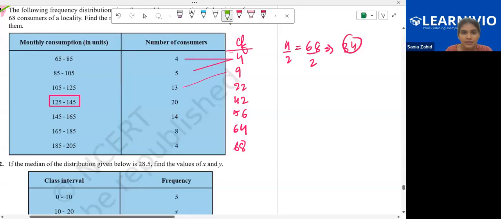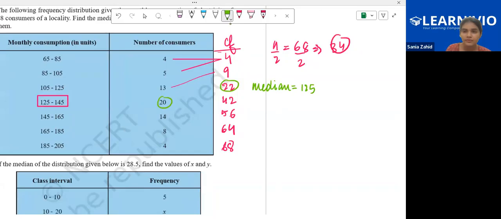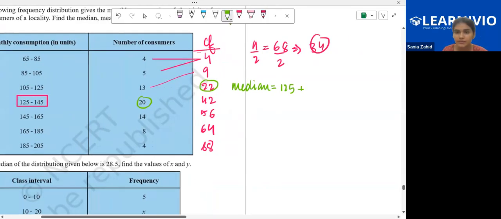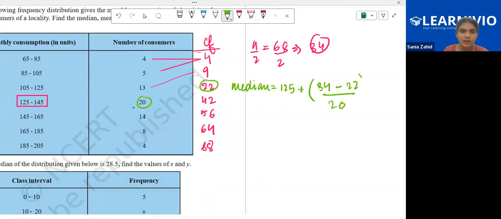And this is my cumulative frequency. This is my frequency. And my height is 145 minus 125, that's 20. So median is equal to 125 plus n by 2 value minus the cumulative frequency, divided by the frequency, multiplied by height, that's 20.